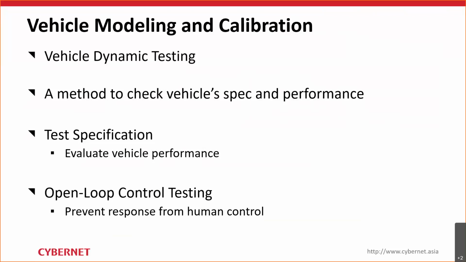We can also evaluate vehicle performance by the result of testing. Most of the testing sequences are open loop control. Open loop means we control the car without any kind of vehicle dynamics feedback. For example, full throttle instead of constant speed. Turn off the steering.